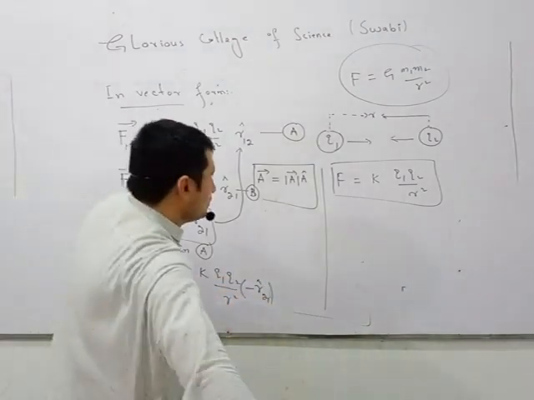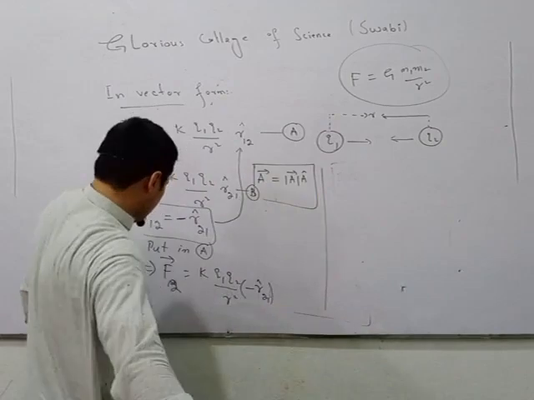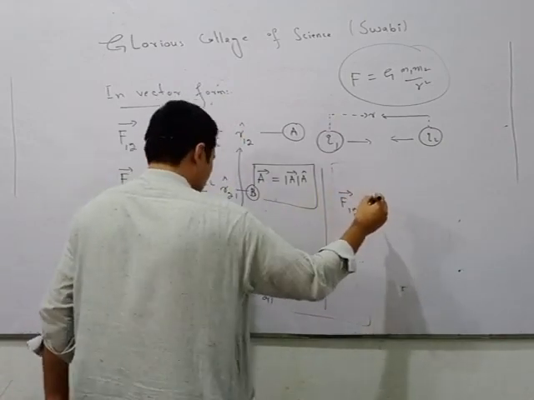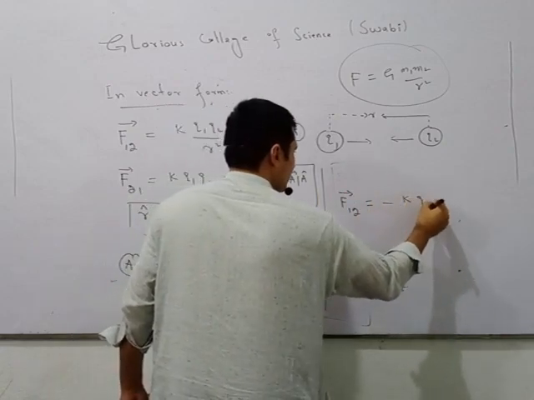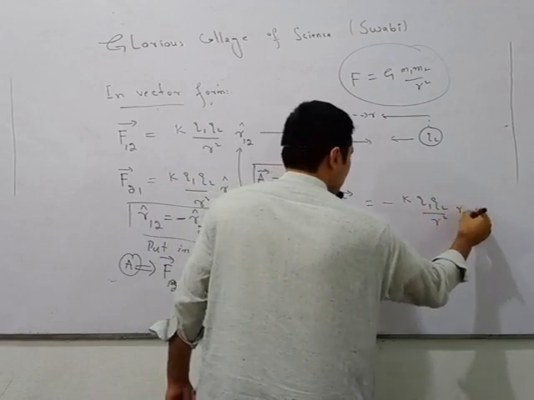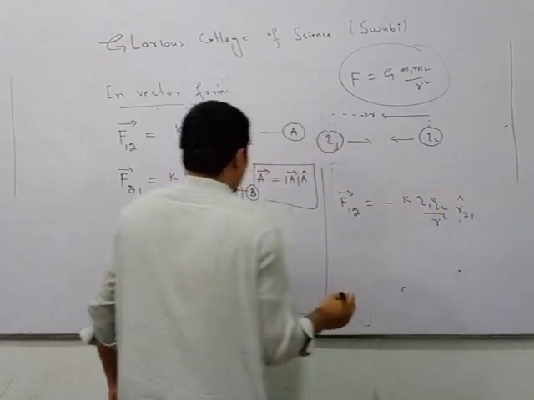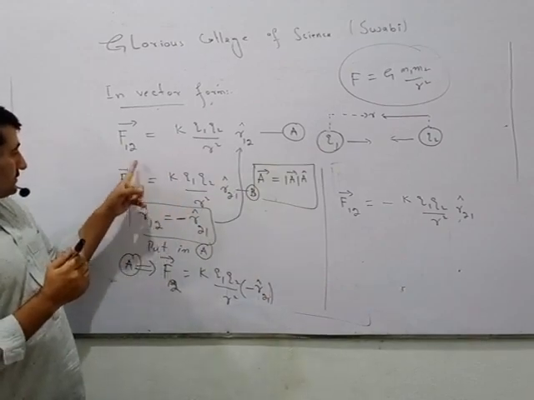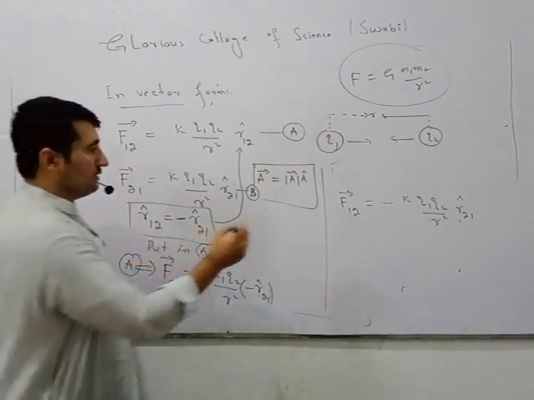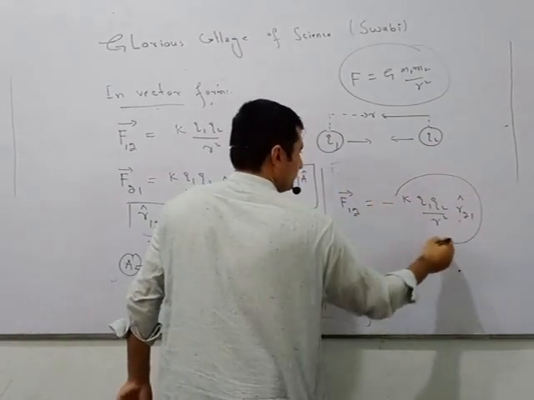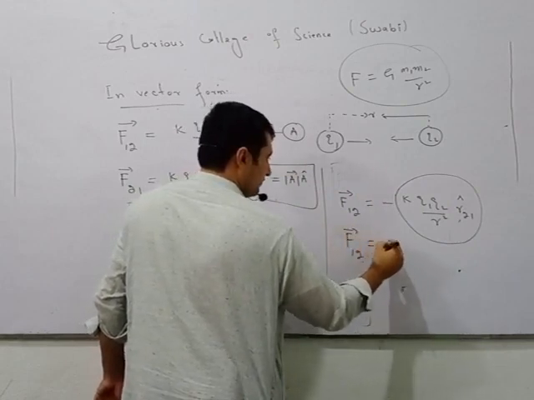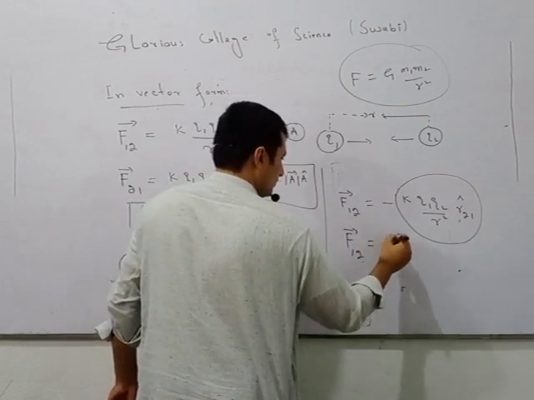So just put this value, what we get: F12 is equal to minus K Q1 Q2 divided by R square into R21. By equation B, this K Q1 Q2 divided by R square into R21 is equal to F21. So I can write it as minus F21.